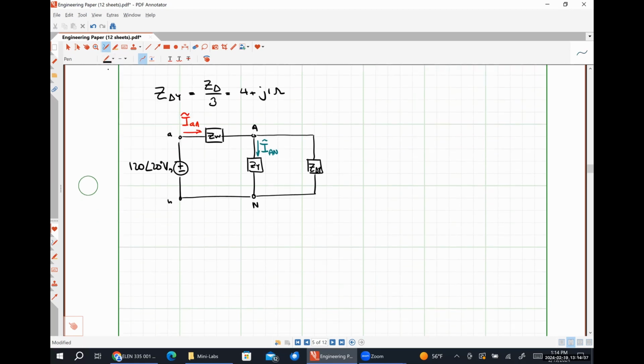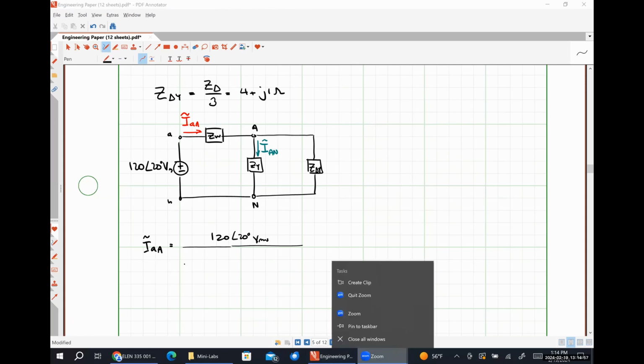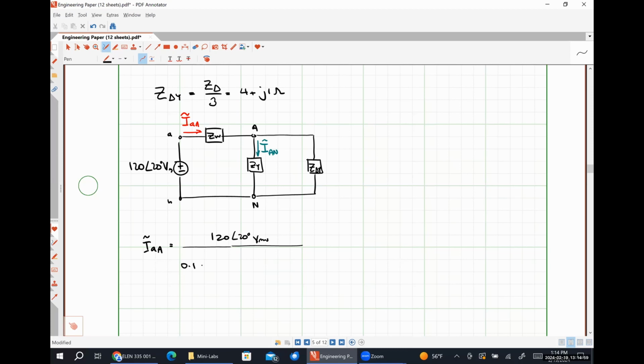Absolutely right. So we would have IAA would be equal to 120 angle 20 degrees volts RMS divided by 0.1 plus J 0.08.